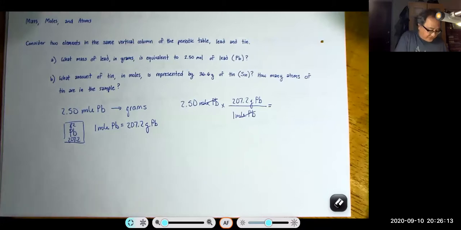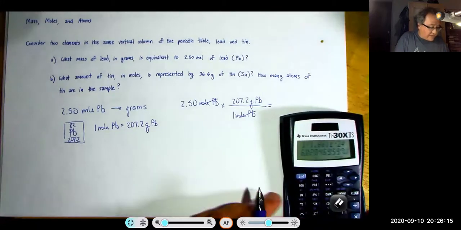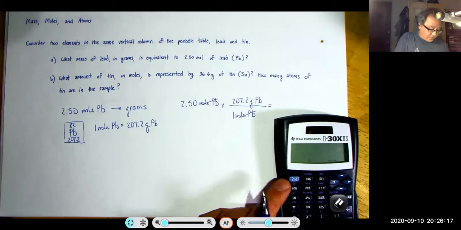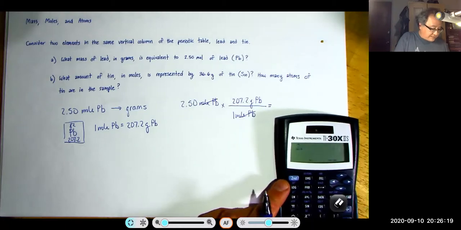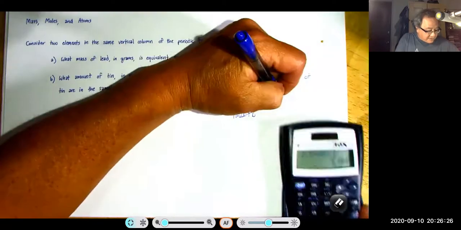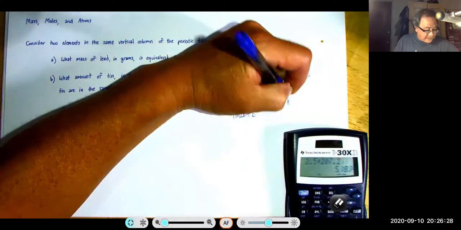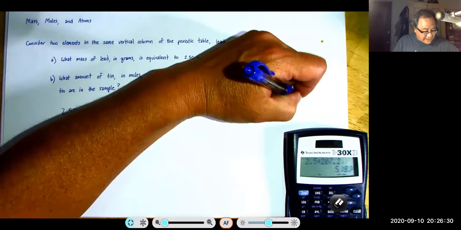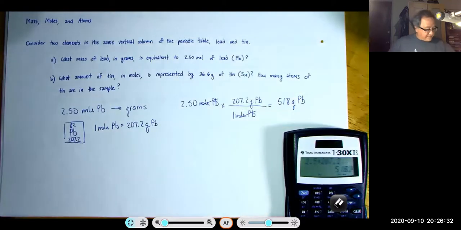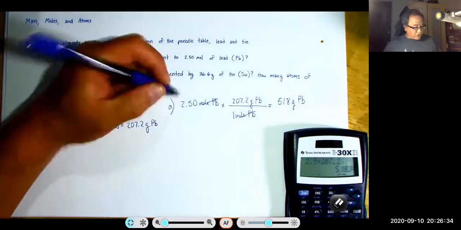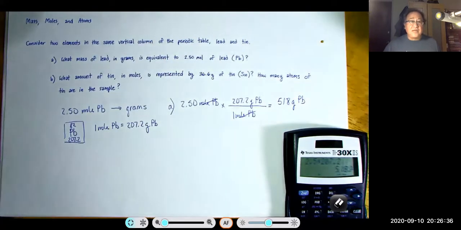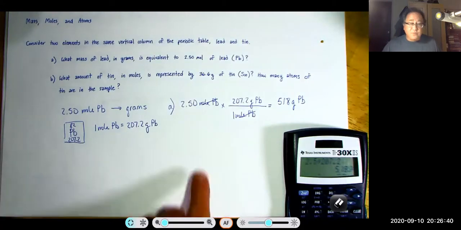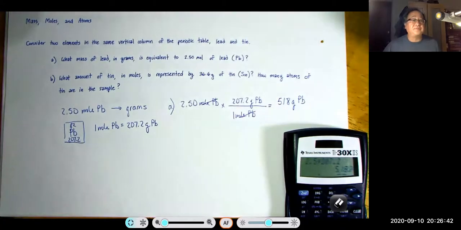So let's turn on a calculator and find out if we get around 517. 2.5 times 207.2, and we get 518 grams of lead. And there's our answer for A. And this is all the work you need to show to calculate the grams of lead in 2.50 moles.